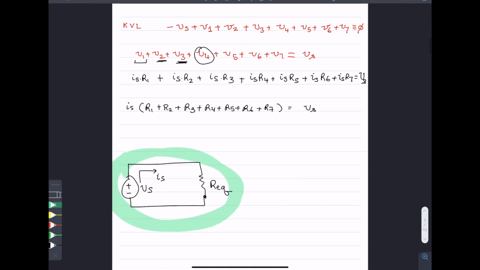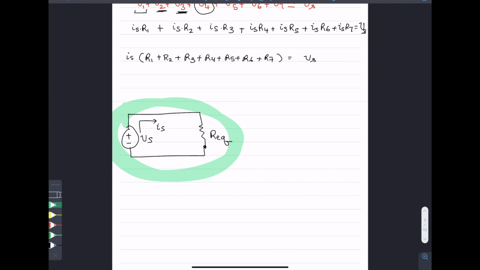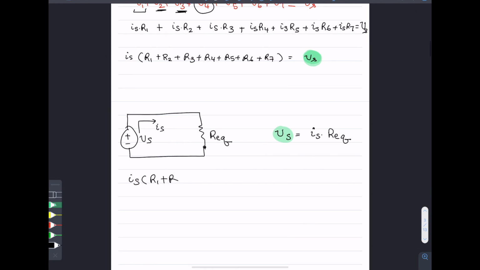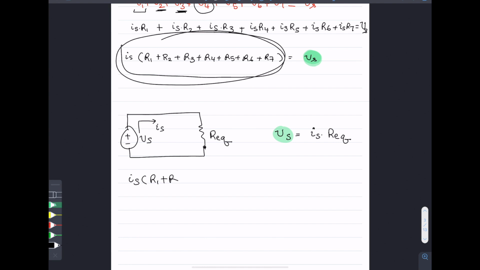So in other words, the Vs that is set up across the equivalent resistance is Is times R equivalent. If you want the Vs to be equivalent from both of these circuits, then it dictates that this side of the equation will equal that side of the equation.